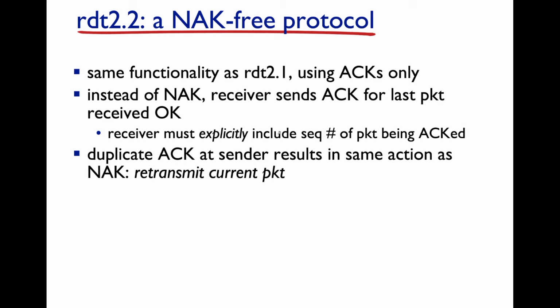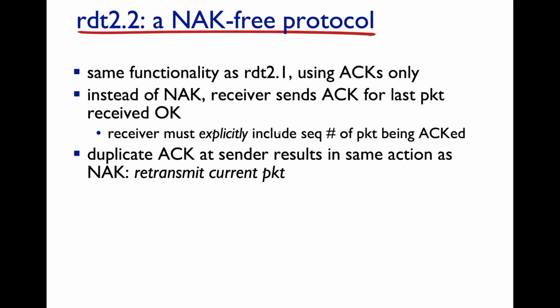So it's saying, hey, sender, this is the last thing I got that was successfully received. So the receiver has to then explicitly, with RDT 2.2, include the sequence number associated with the packet that is being ACKed.